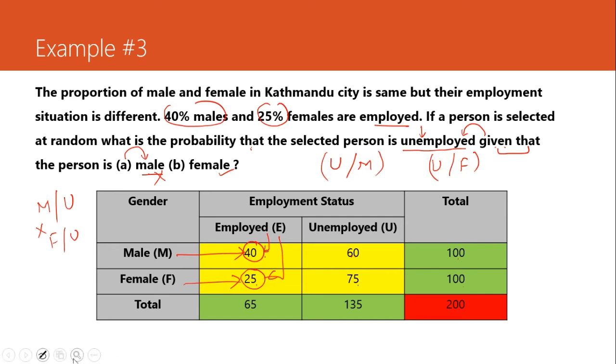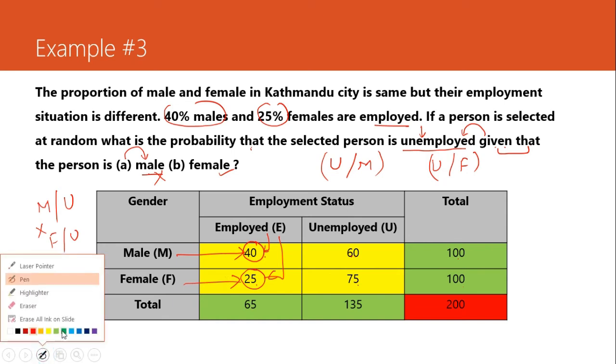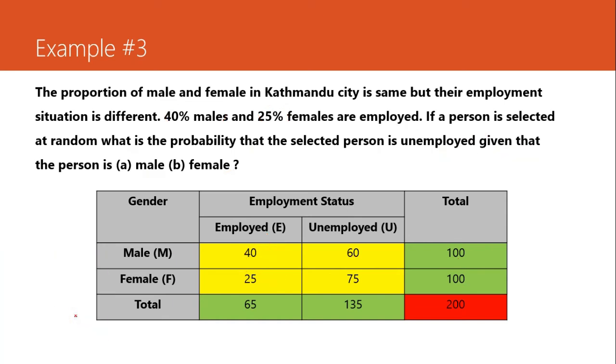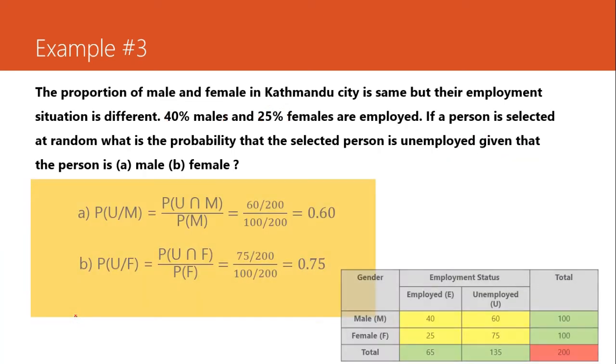Now how to calculate? That is very simple. Already explained. See one more time. So A number, probability of U by M, formula is this one. Put the values, U intersection M. So unemployed is this one, and male is this one.